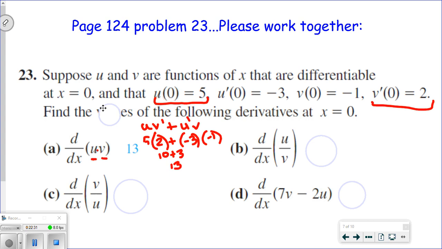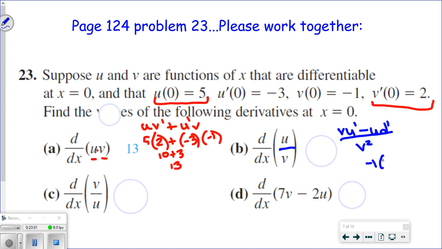There it is. Alright, so then if we look at letter B, it's actually the quotient rule because I have division. So I just think of the quotient rule. The quotient rule says low derivative of the top minus high derivative of the bottom. Draw a line and square what's below. Well, I have all those values too. I know that v is negative 1.